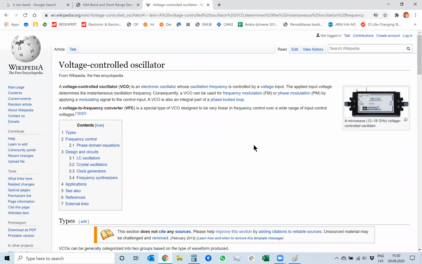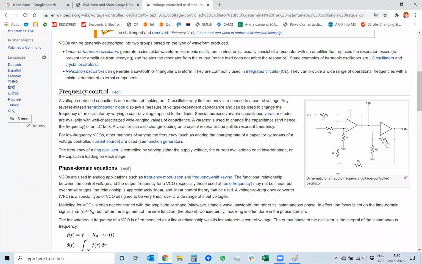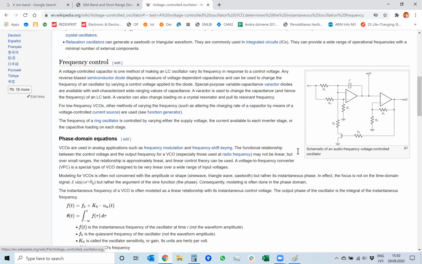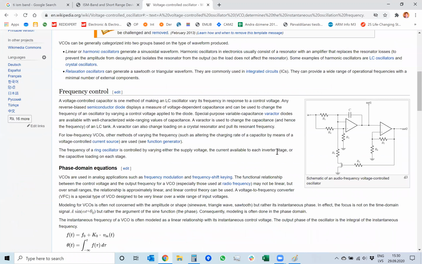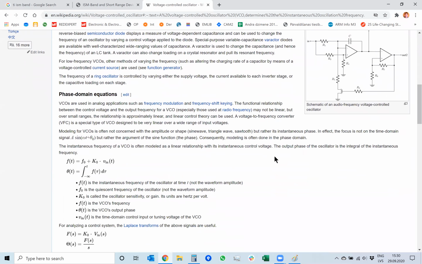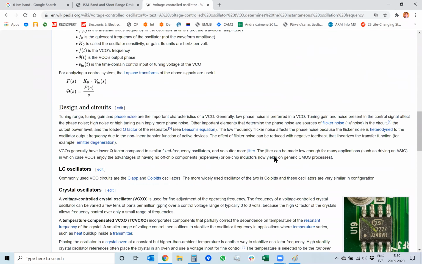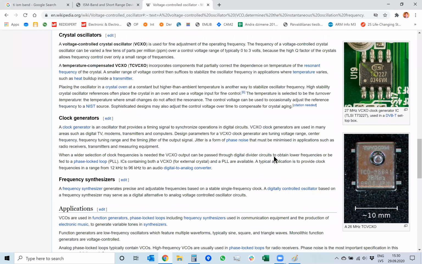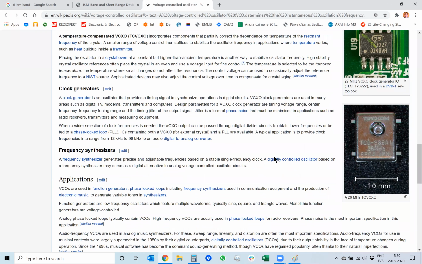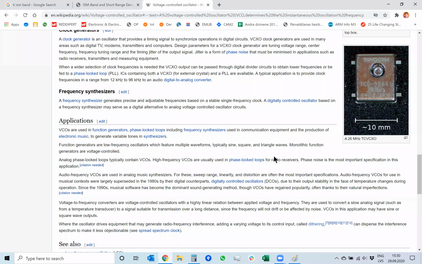And there are many ways to implement it. For example, here it is low frequency with operational amplifiers. At high frequency, I think that they use a diode which is reversely biased, and it changes its capacitance based on the voltage applied.